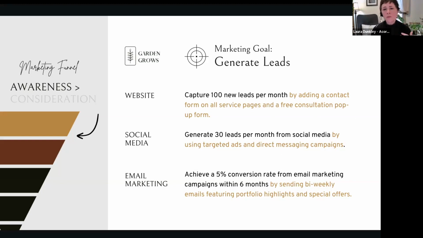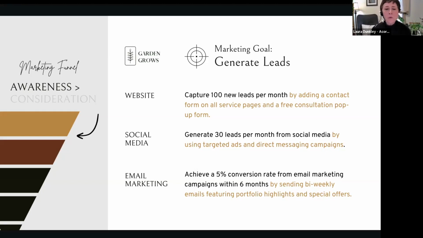You could be more specific, and I think that's why we're talking about this. Capture 100 new leads a month by adding a contact form on all service pages and a free consultation pop-up form. I would definitely put that in. It's very specific. Social media, generate leads, 30 leads a month from social media by doing X amount of things.